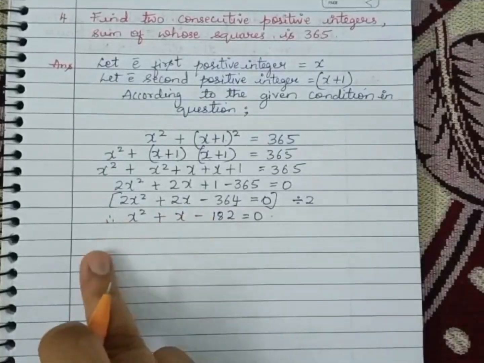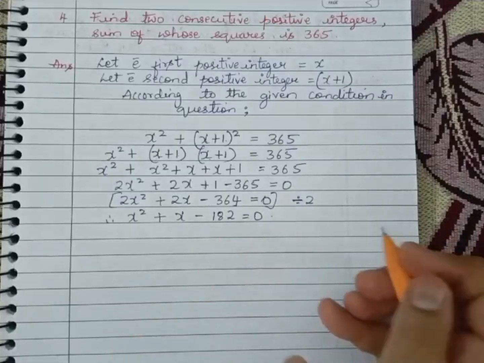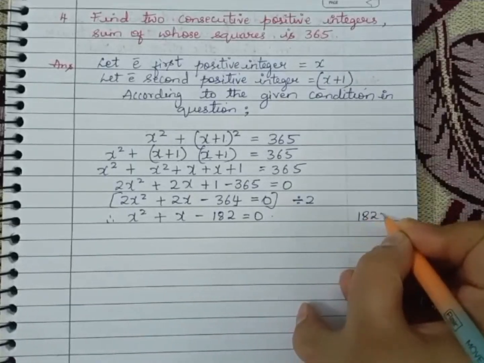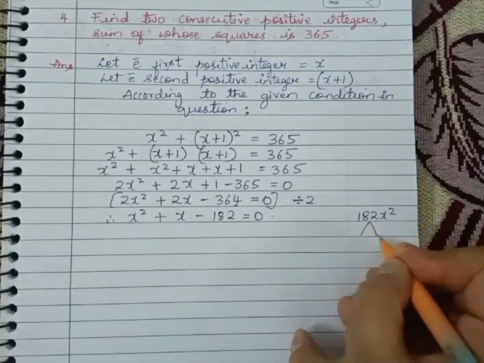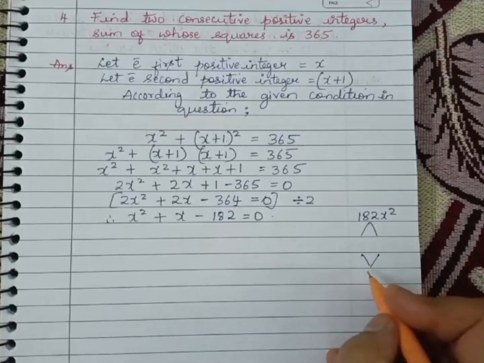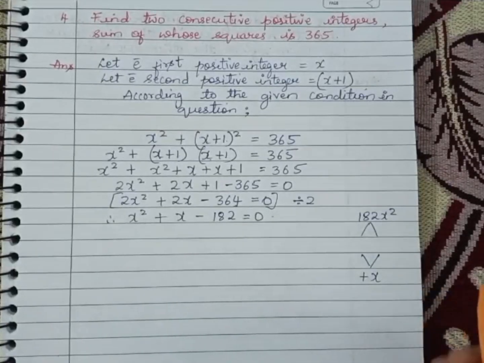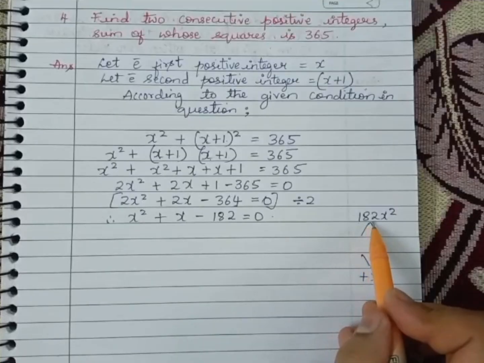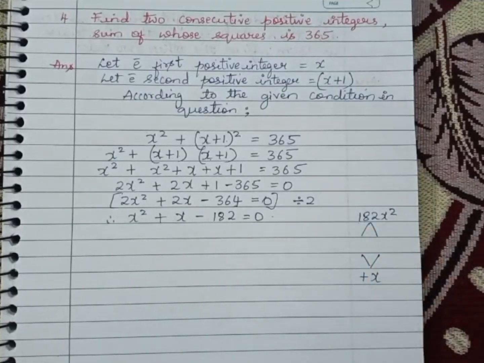Now x square into 182 is 182x square. If we add or minus, we have to get plus x. If we multiply, we have to get 182x square.